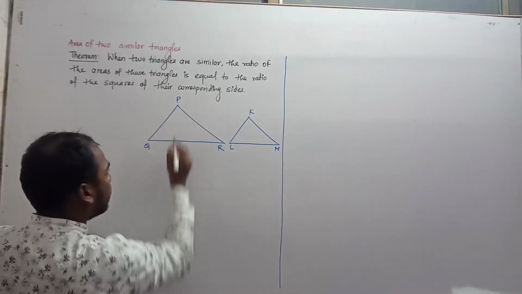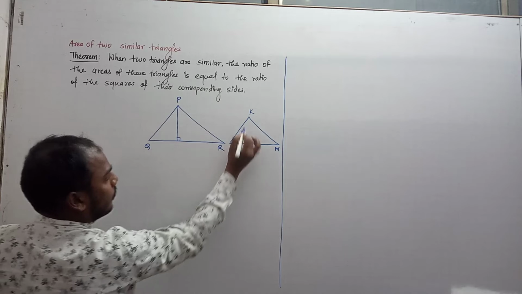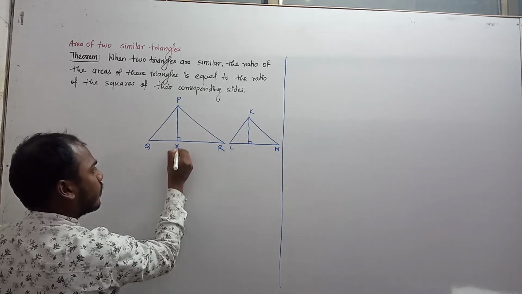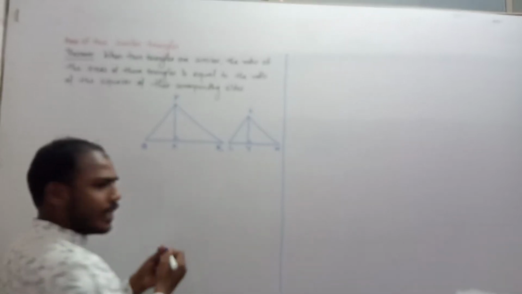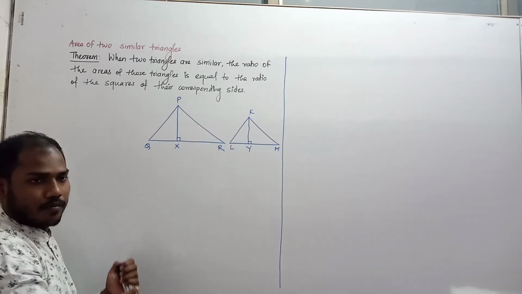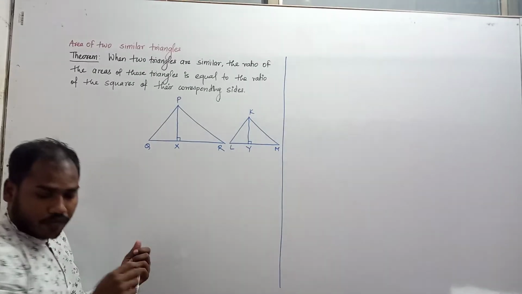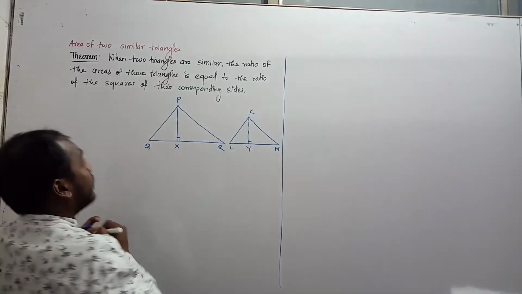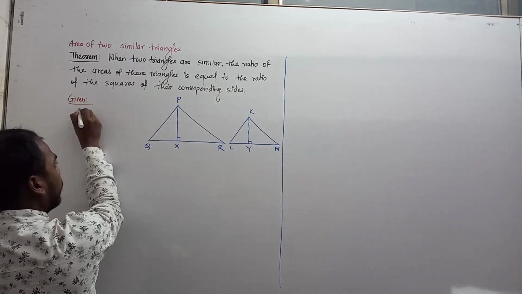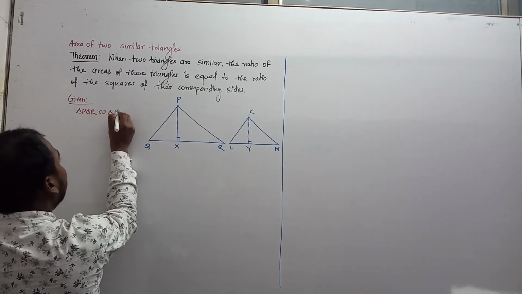So these are the two triangles, and let's say this is the perpendicular of the first triangle, and this one is the perpendicular of the second triangle. Let's name them X and Y; you can take any name. So I have taken PQR and KLM, and the perpendiculars are PX and KY. In the statement, it is given that triangle PQR is similar to triangle KLM.